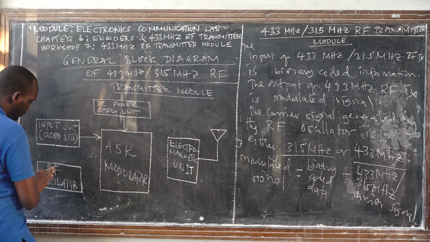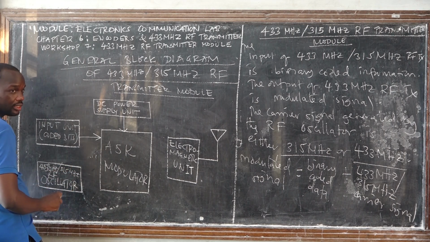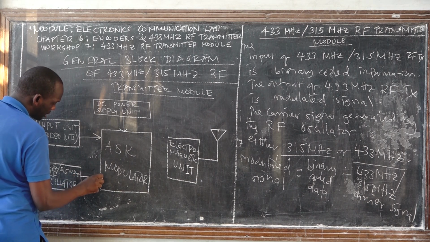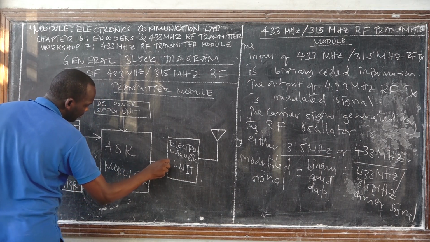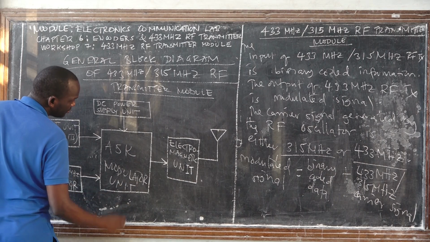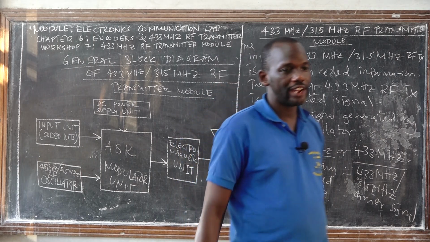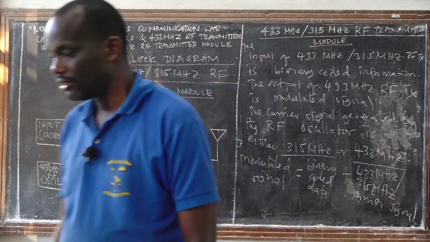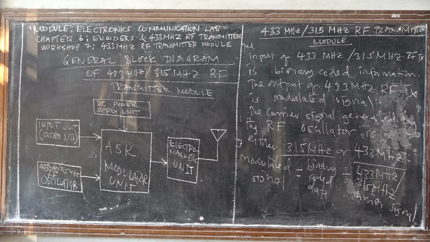Here we have the 433 megahertz or 315 megahertz RF oscillator. Then the RF oscillator sends the information to the ASK modulator unit. So this is the general block diagram of the 433 megahertz or 315 megahertz transmitter.